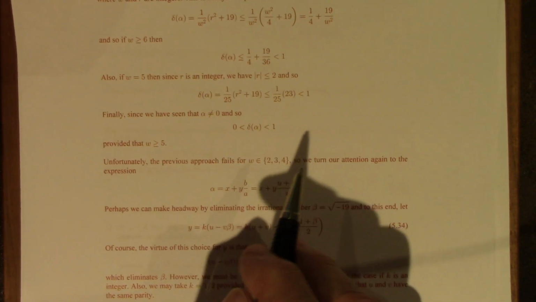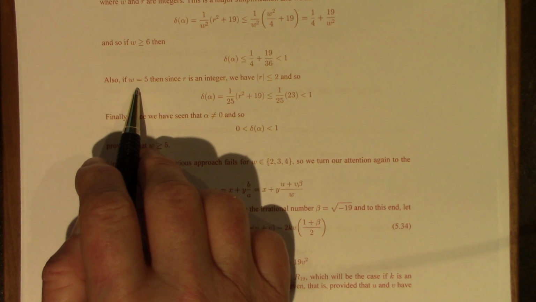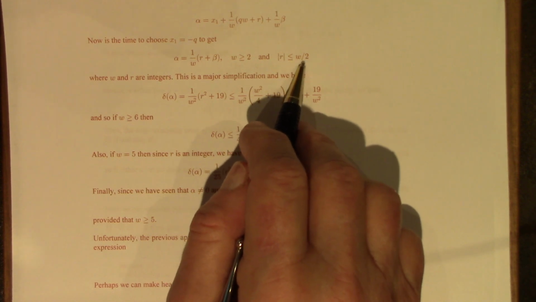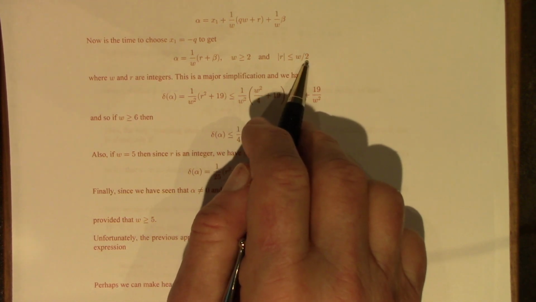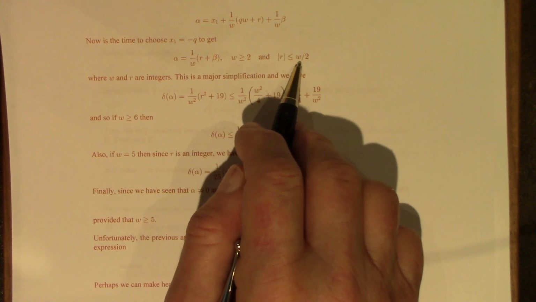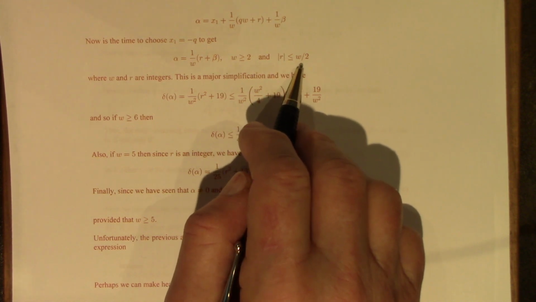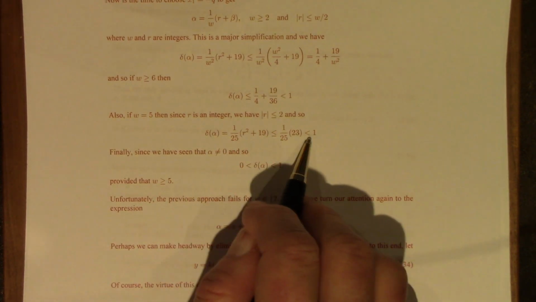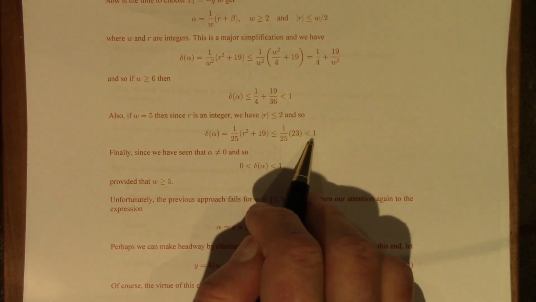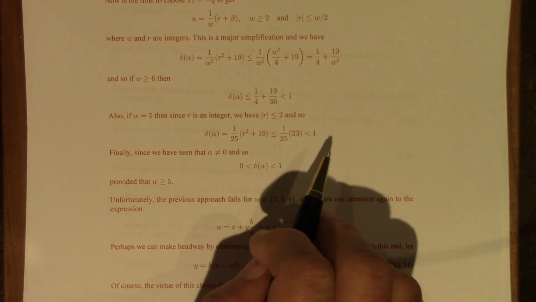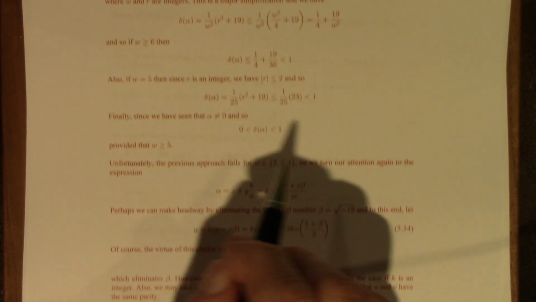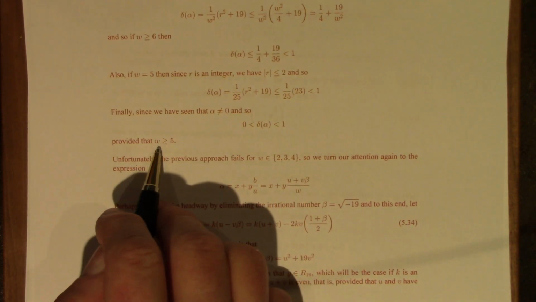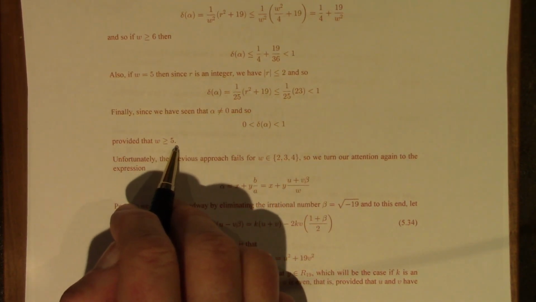It also will be the case if w equals 5, because r is an integer, so this inequality here, this is 5 halves, but r is an integer, so we can drop this down to 4 halves, or 2. So absolute r is less than or equal to 2, and again, the numbers give us something less than 1. So we have the inequalities we are looking for, provided w is bigger than or equal to 5.